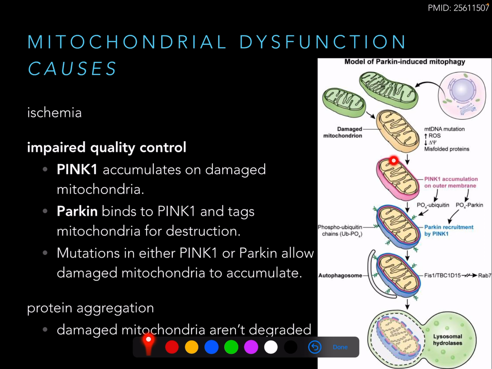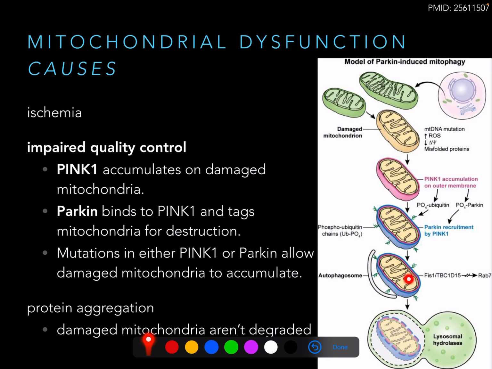So first we coat it in PINK1, then parkin binds, and what parkin does is add a whole bunch of these ubiquitin tags onto the mitochondria, and that is a sign for the cell to destroy it. So things that get ubiquitinated are tagged for destruction.